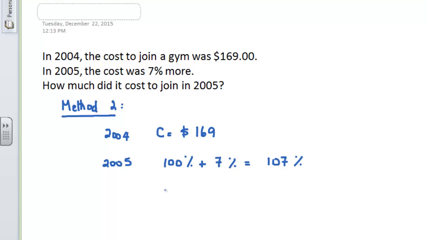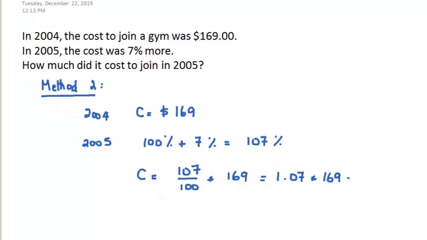So I can see the cost in 2005 is the 107% of the original price, 169 in 2004. So that means I transfer the 107% to a decimal. So it's going to be 1.07 times 169.